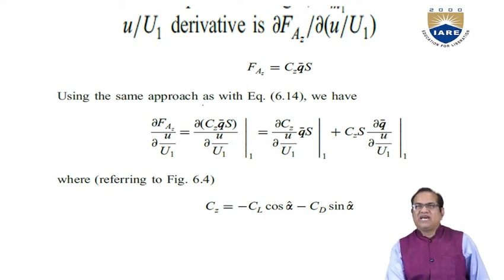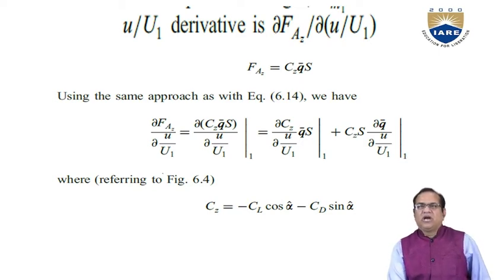Using the same approach, we have dFAZ by du by u1. So here CZ Q bar S divided by dou u by u1, and this is at steady state. So here we can write dCZ by du by u1 Q bar S plus CZ dou Q bar by dou u by u1.